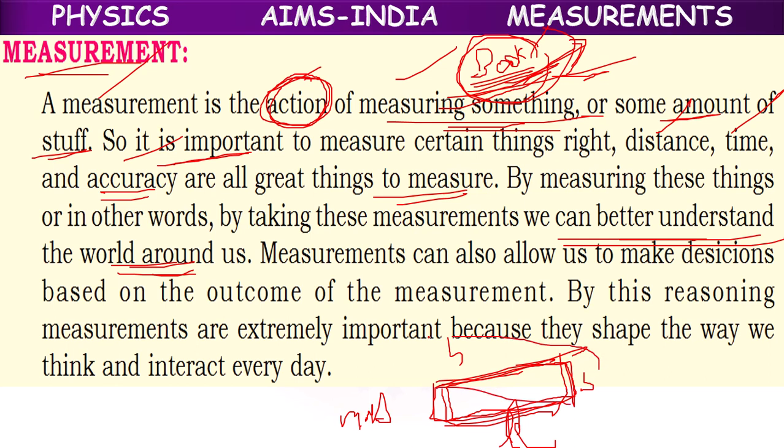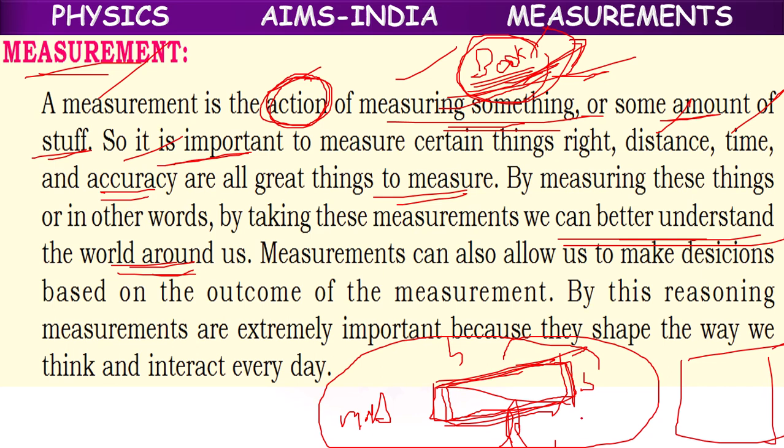Like that, you can have a complete idea of the object with the help of measurement. For constructing one house, how many bricks do you need, what kind of bricks do you need? When a tractor comes, what is the load of the tractor, how many tons of bricks have you brought for constructing the home?